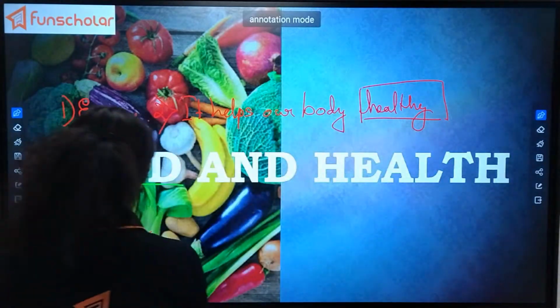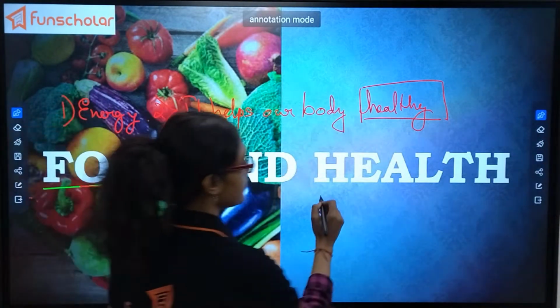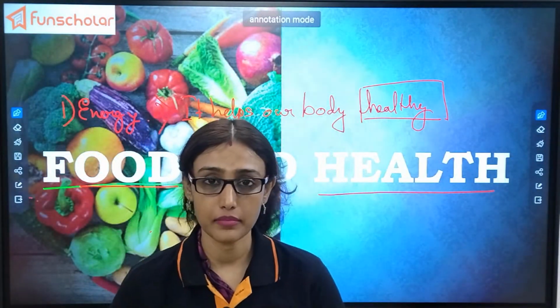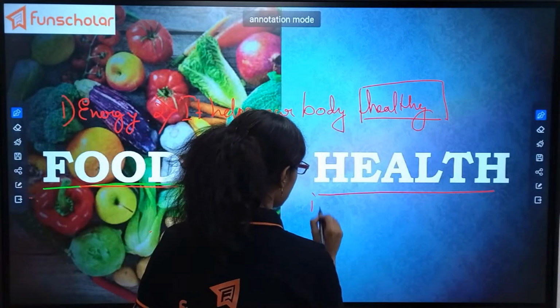Right? The chapter's name is given food and health. Health is what? Health is something when we are physically, mentally and socially stable. What did I say?